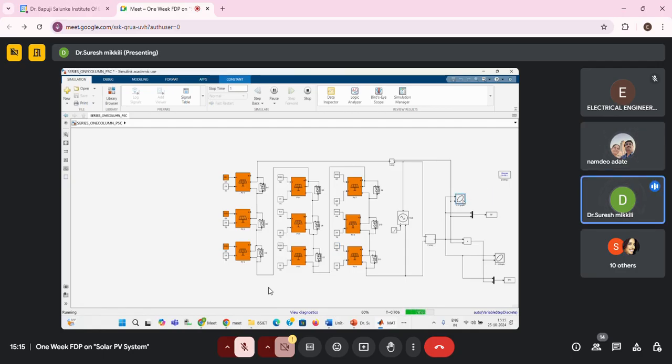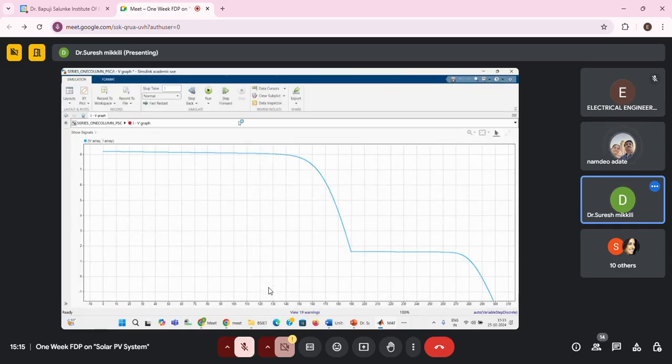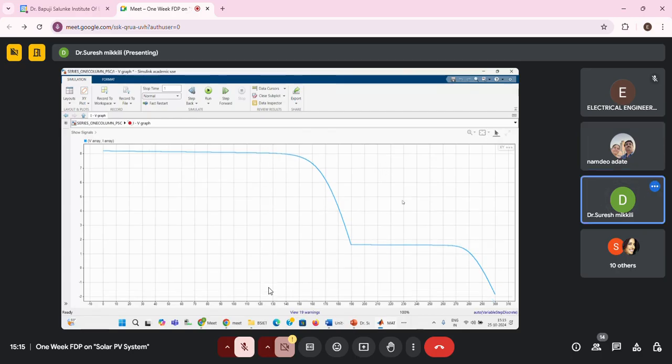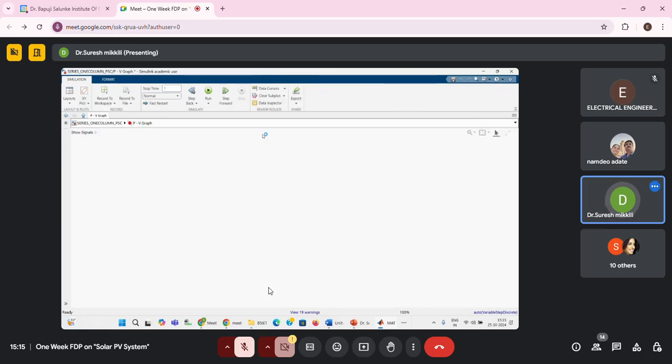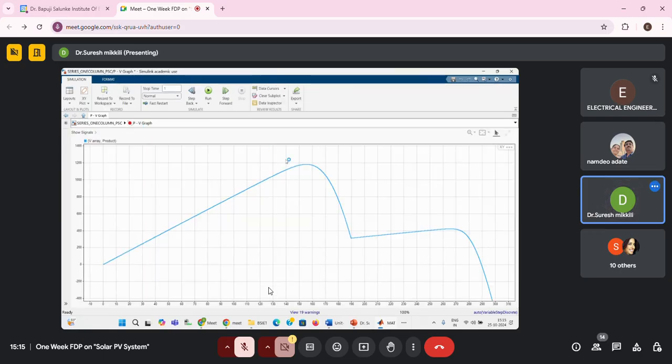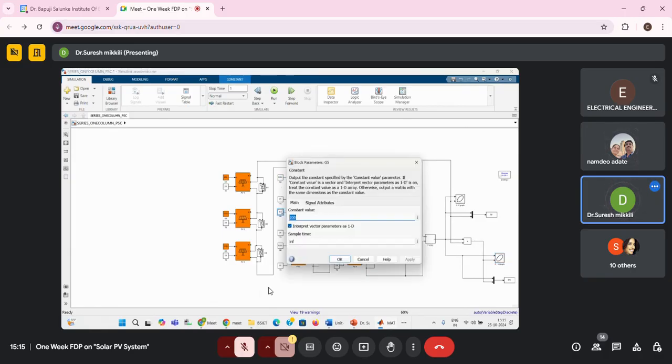In all three it is shaded. Now you see. Do you observe? This is the power curve. Is it clear? So you can't expect the same values in all the shading conditions.